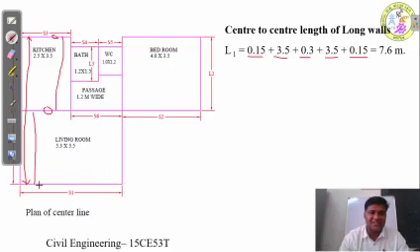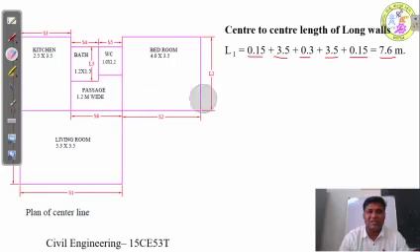So in this fashion I am going to add all the lengths, that is 0.15 plus 3.5 plus 0.3 plus 3.5 plus 0.15, and the total summation of this is 7.6 meters. So this is the procedure to calculate the length of the wall L1.